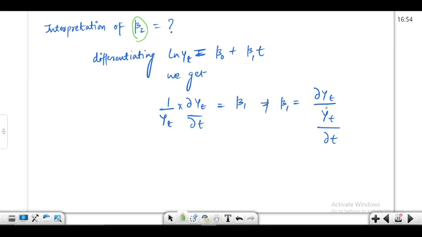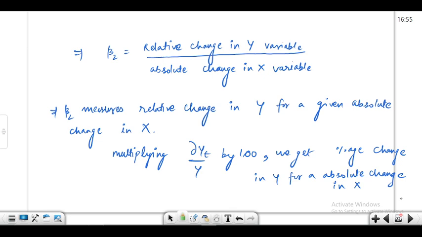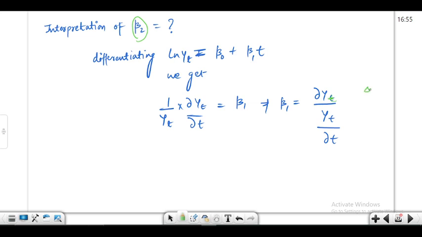So beta 1 becomes, if I transform this, this is basically your del yt, this is t, not e, del yt upon yt upon del t. So this is basically representing a relative change in y variable. Delta y at time t upon y at time t, this is basically a relative change in y, okay?